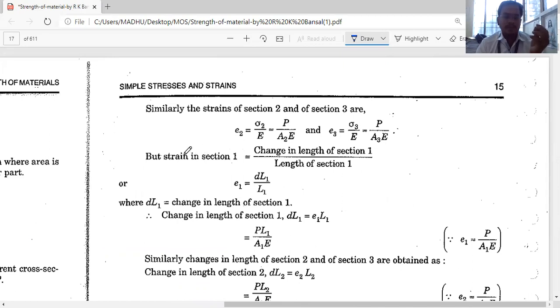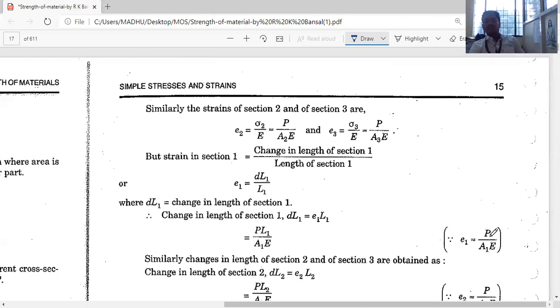But strain in section 1 is the change in length of section 1 by the length of section 1. It is change in length by its original length. Because we already know e1, which is P by A1E, load by area, stress by Young's modulus, when strain is known, dl by L, dl is equal to e times L1. So dl1 is PL1 by A1E.